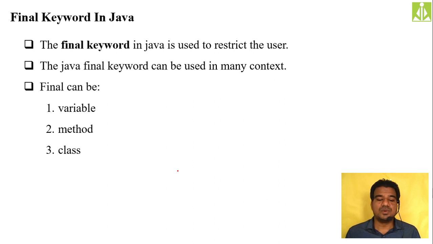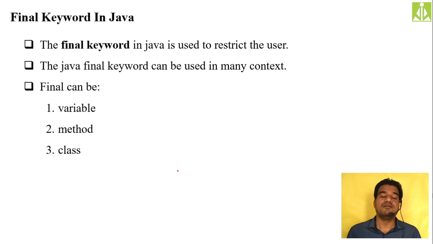Java's final keyword can be used in many different contexts. We have different situations where we can use this final keyword. It can be used with normal variables to give some extra features, to impose some restrictions.